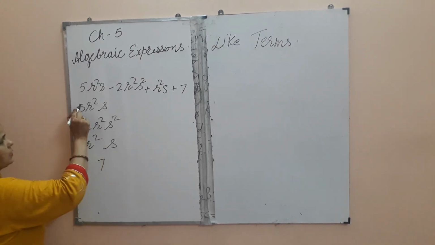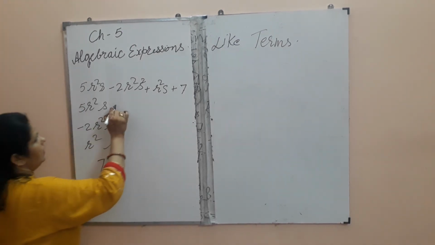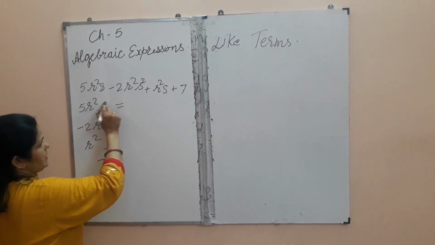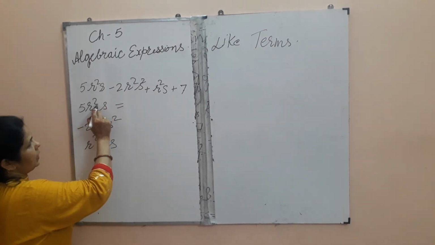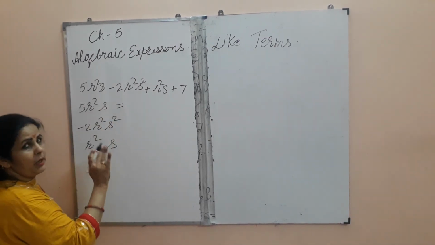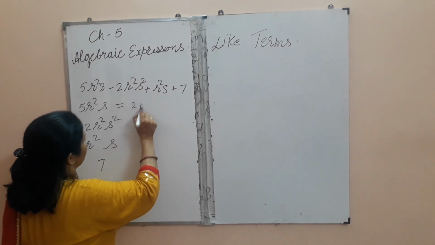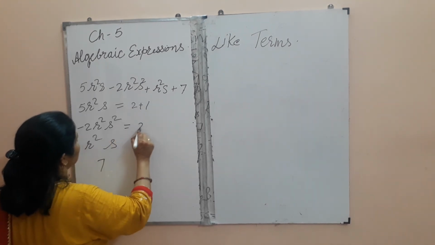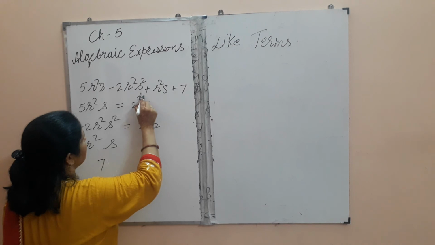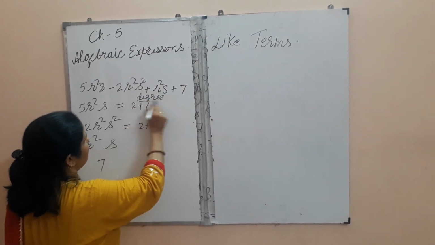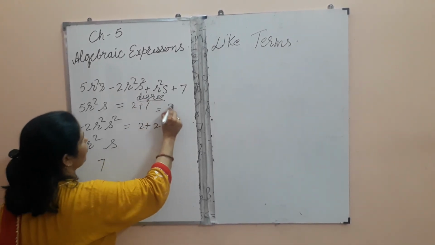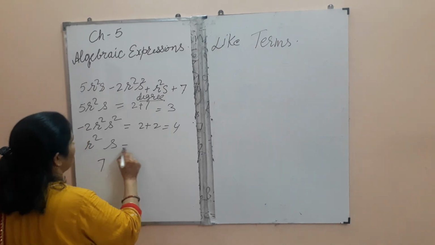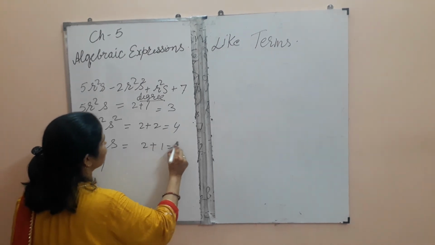These are the terms. So the degree will be the parts of the variables. Here s is 1, if there is no part it means 1. So it will be 2 plus 1. This is 2 plus 2. This is the degree. This is equal to 3, this is equal to 4. 2 plus 1 equals 3.